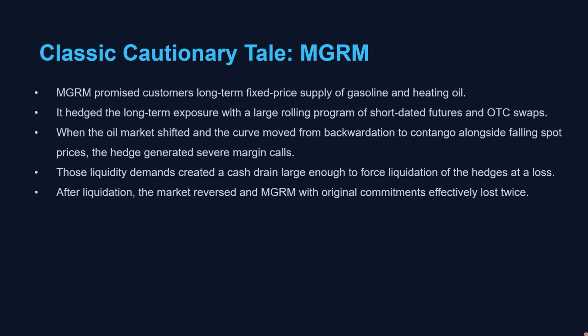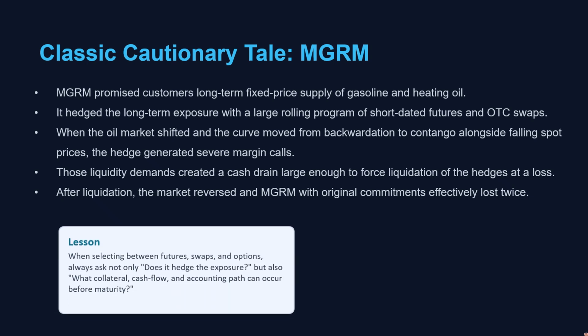Now, here is where the problem emerged. When the oil market shifted from backwardation to contango and spot prices fell, the short-dated hedge positions generated large margin calls. So even if the long-run economic logic of the hedge had some merit, the firm faced immediate liquidity pressure.